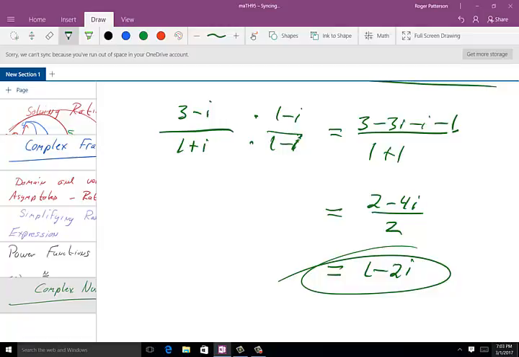So that's operations on complex numbers. And that same idea, not to confuse anybody, but this was a pretty common mistake. What would we multiply the top and bottom of that by?